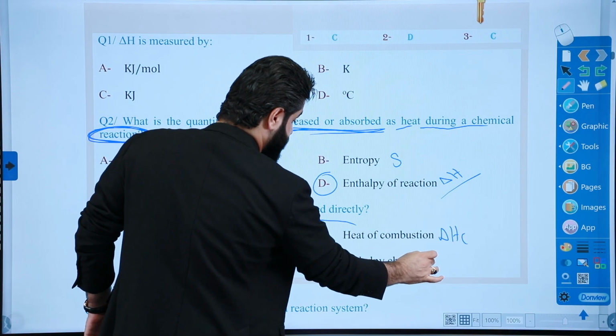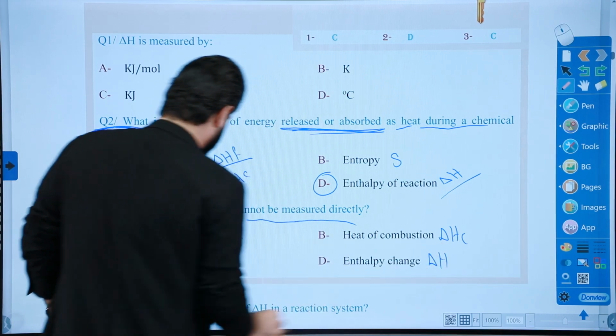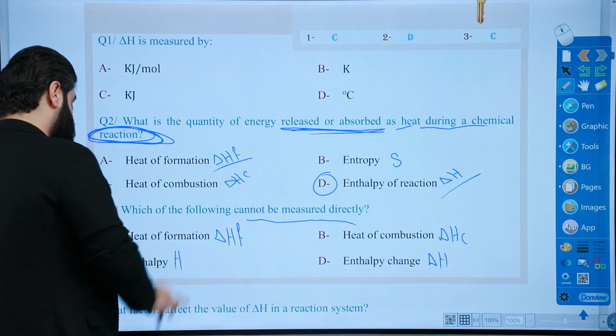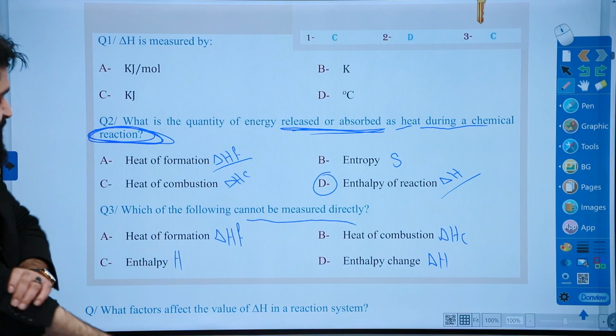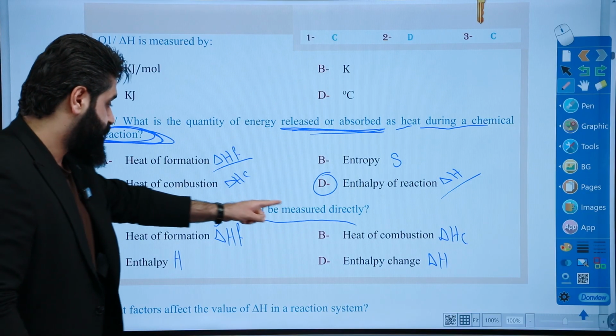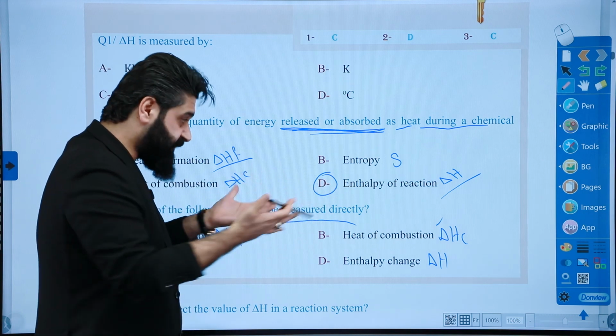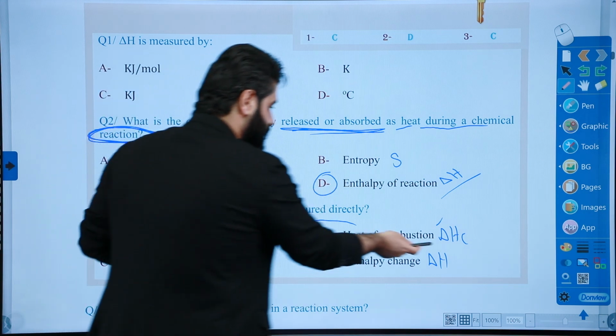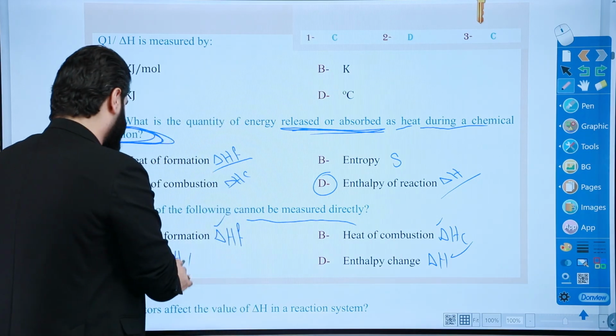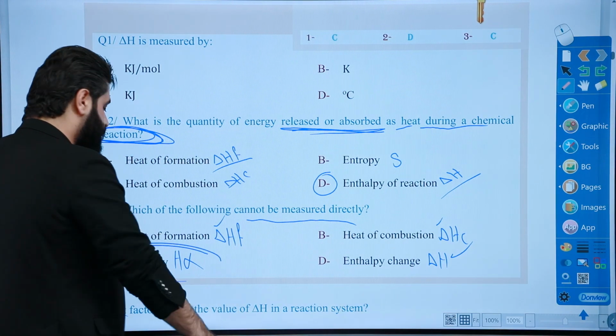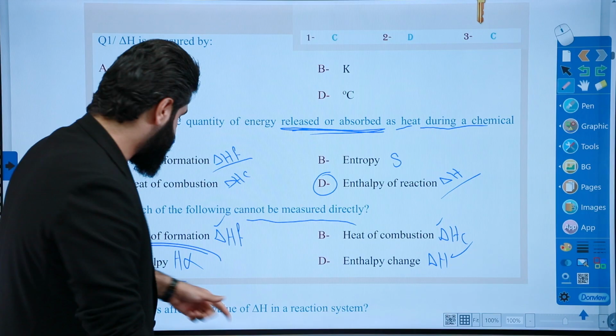Enthalpy change is delta H. Enthalpy alone is H. Which one cannot be measured directly? This one can be measured directly. Both can be. This one also. This one cannot be measured directly, so this is the correct answer.